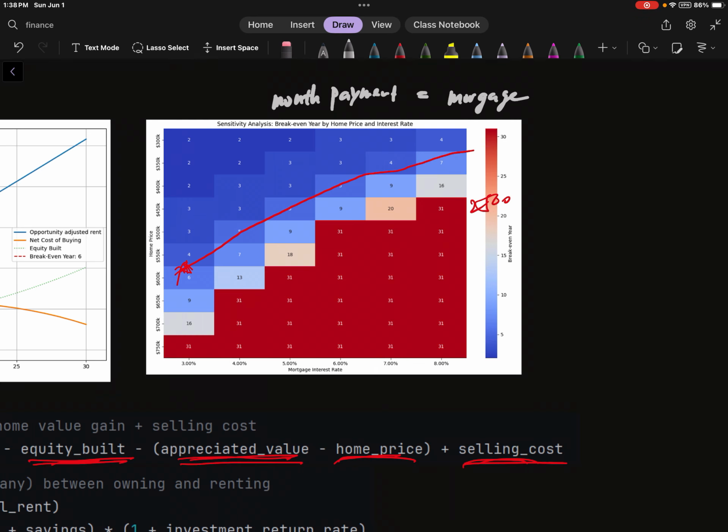The interest rate plays an extremely important role on the pricing.